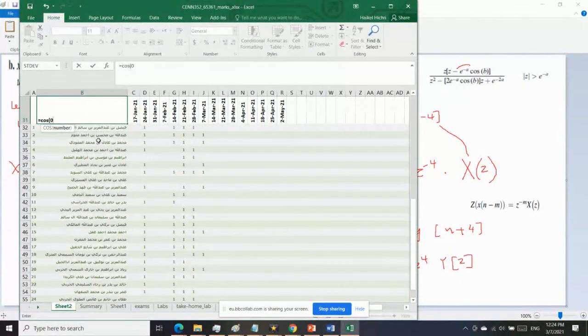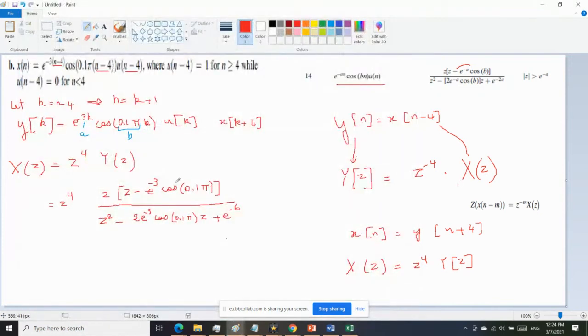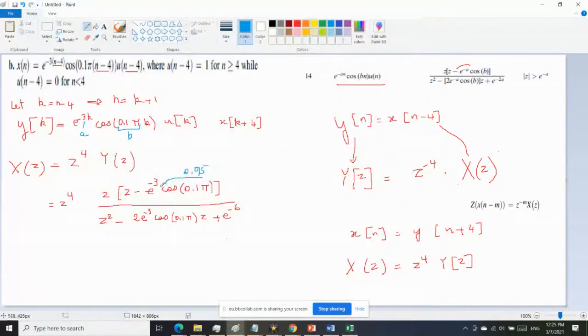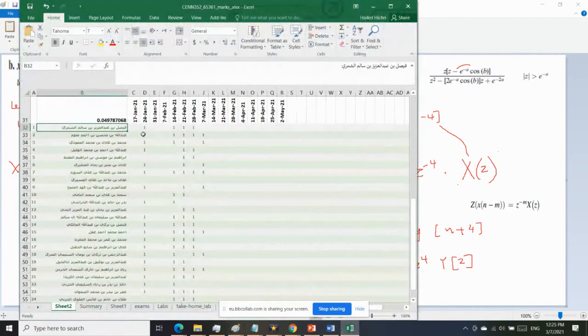Cosine 0.1 pi is 0.95. e to the power of minus 3 is 0.05. Squared it is 0.0025.